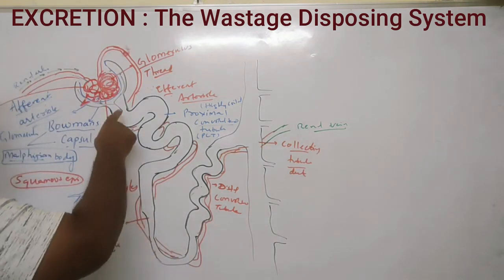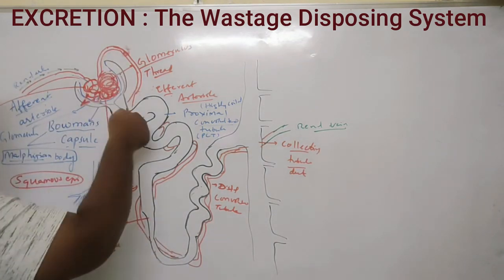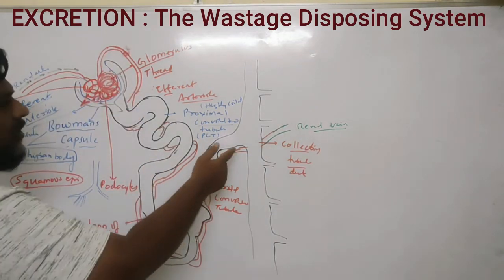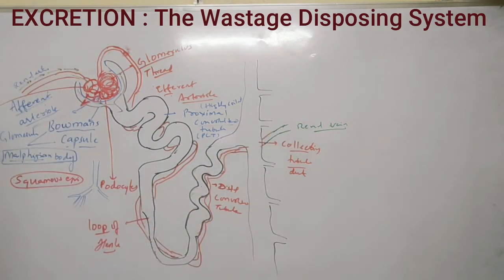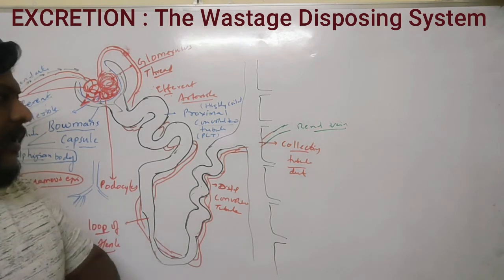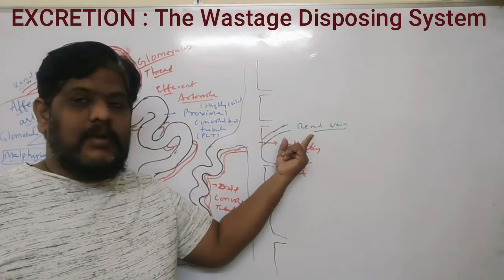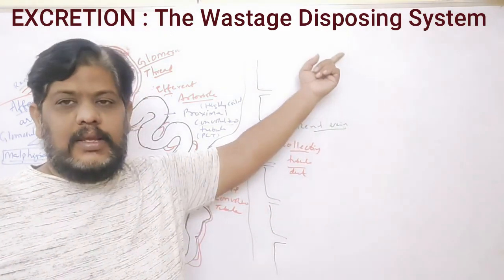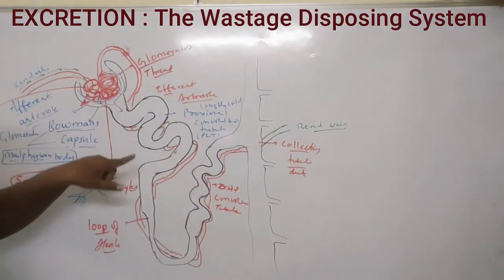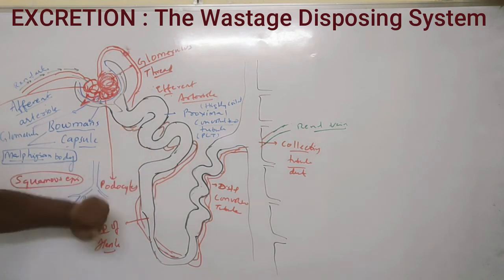That means the blood which is traveling here will be filtered and then enter the renal vein, and of course the renal vein will enter the inferior vena cava, and from the inferior vena cava it will travel to the heart. So this is the basic structure of the nephron.